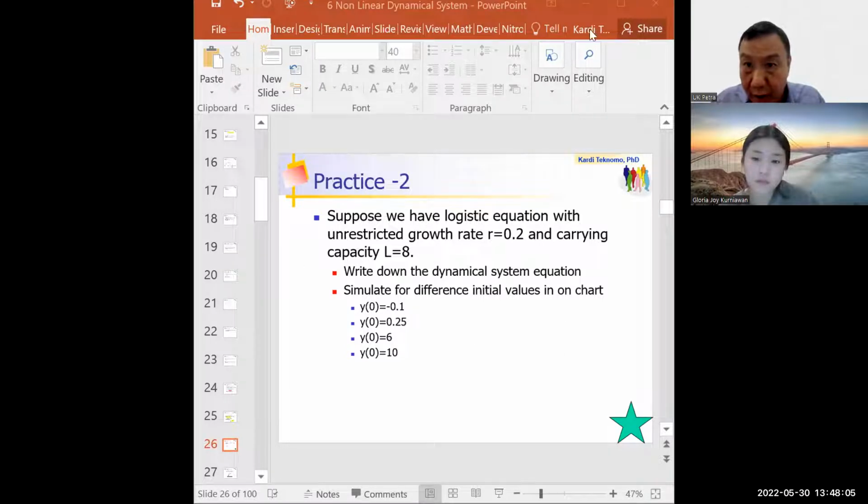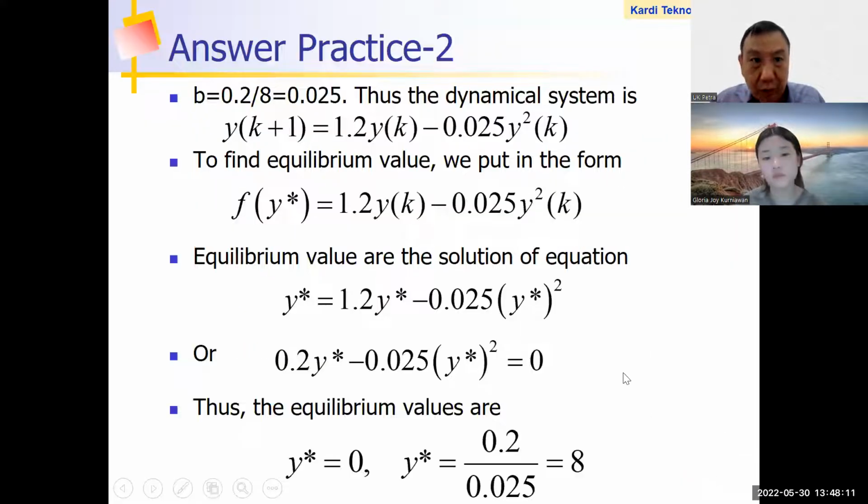Let me open this. So you see B is 0.2 divided by 8. And then this is the dynamical system, right?